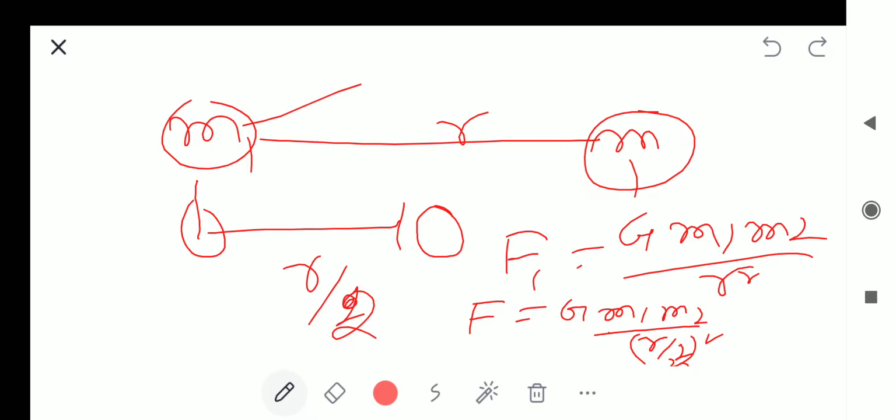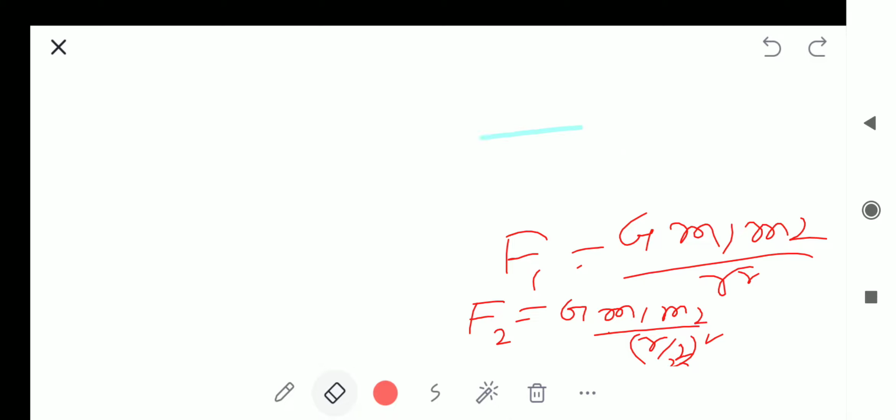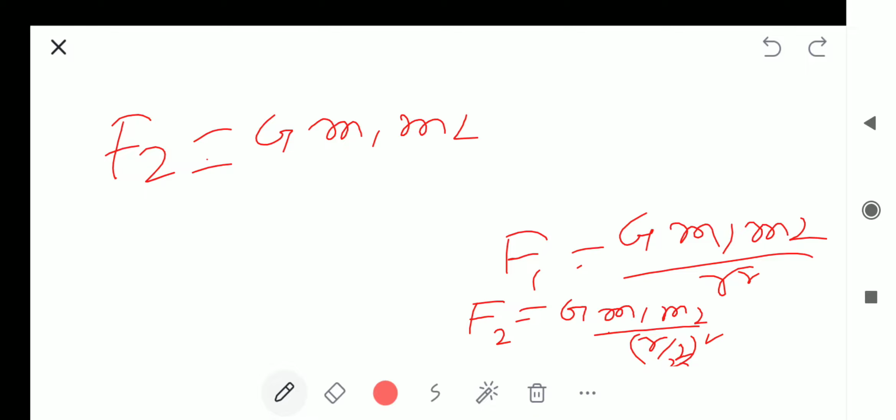If we simplify this equation, we find that F2 is equals to G m1 m2 by r square into 4, since 2 square is 4.